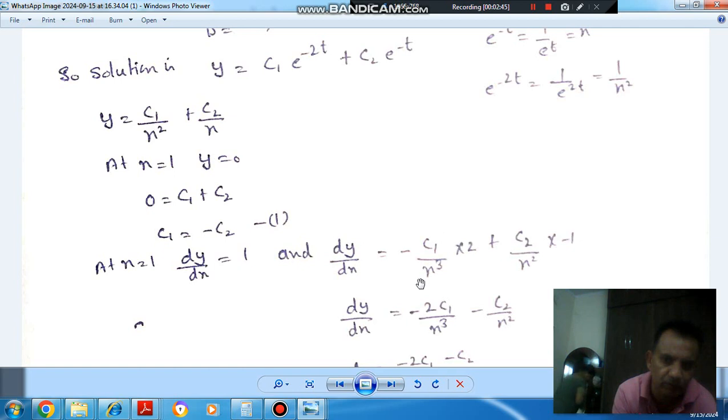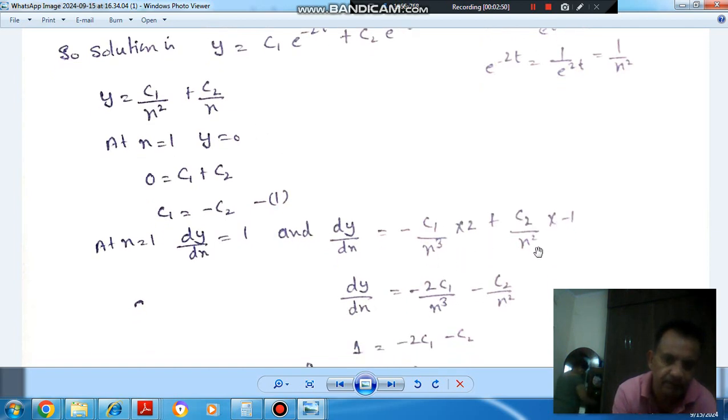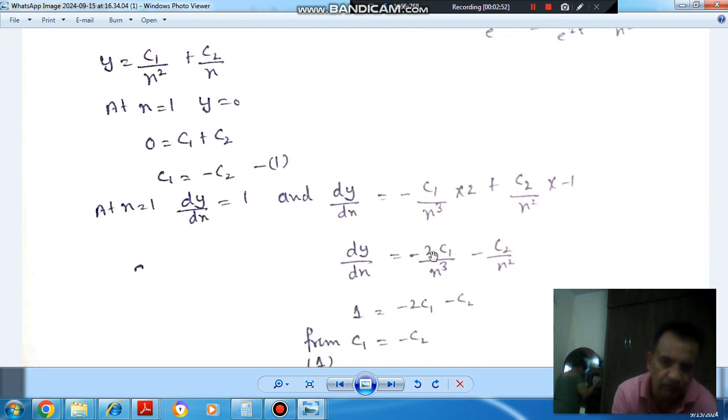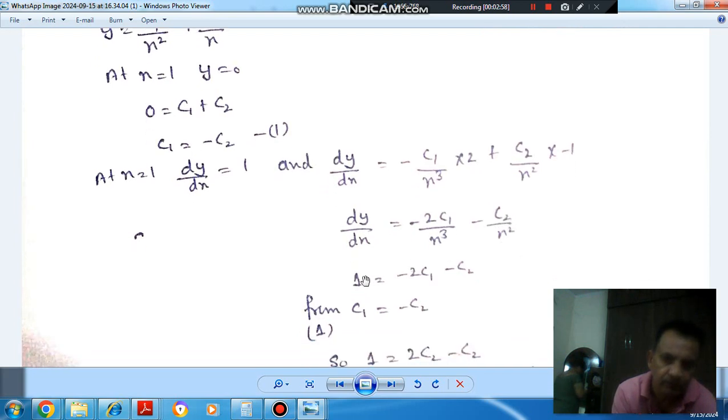Simplified, this will be minus 2c1 by x cube minus c2 by x square. Now putting this condition, it will be 1 is equal to minus 2c1 minus c2, and from this, with c1 equal to minus c2, we get c2 as 1 and c1 as minus 1.